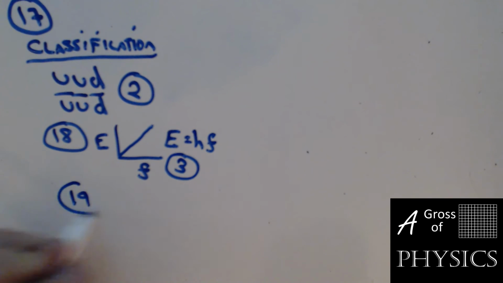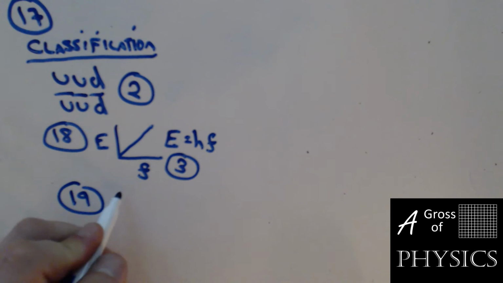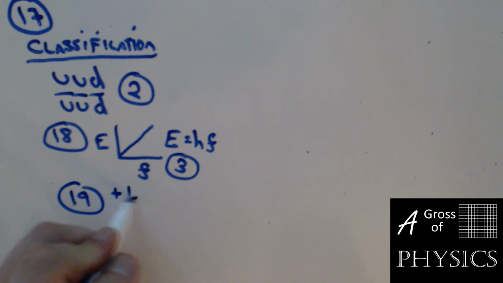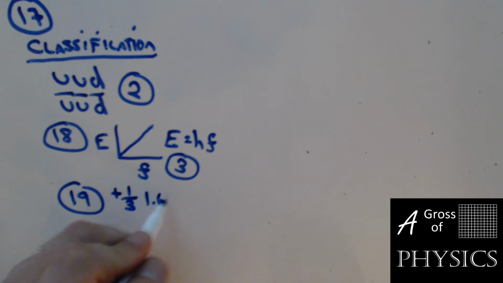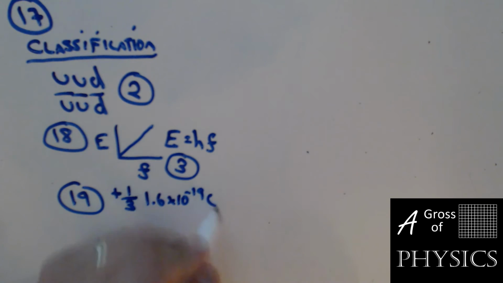All right, 19. The charge of an anti-strange quark. According to our chart, strange is -1/3, so an anti-strange is going to be +1/3. And if we remember, 1.6 E -19 is the charge of the elementary particle.